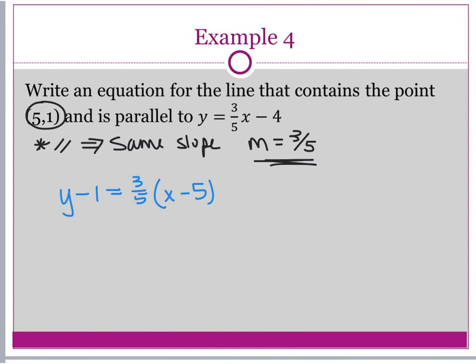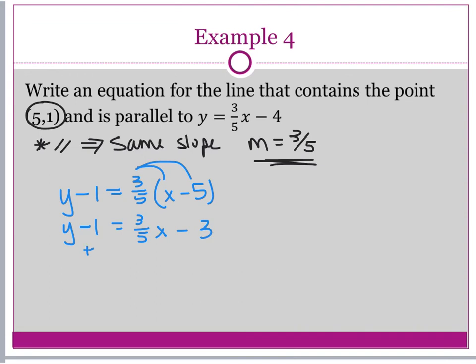And now I can go ahead and get y by itself and put it in slope-intercept form. So I have y minus 1 equals 3/5 x minus 3/5 times a negative 5 is going to give me 3.